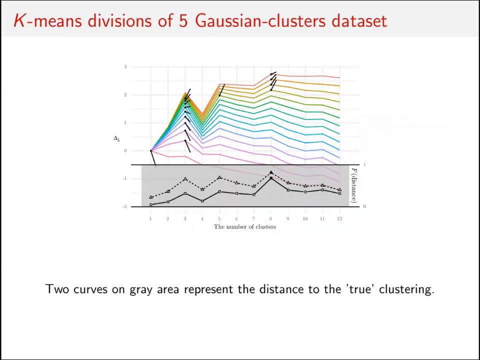So what we did is compare these delta outputs with what we know about the ground truth. What you have on this gray background is information about how close this k-means proposition is to the ground truth in some sense.